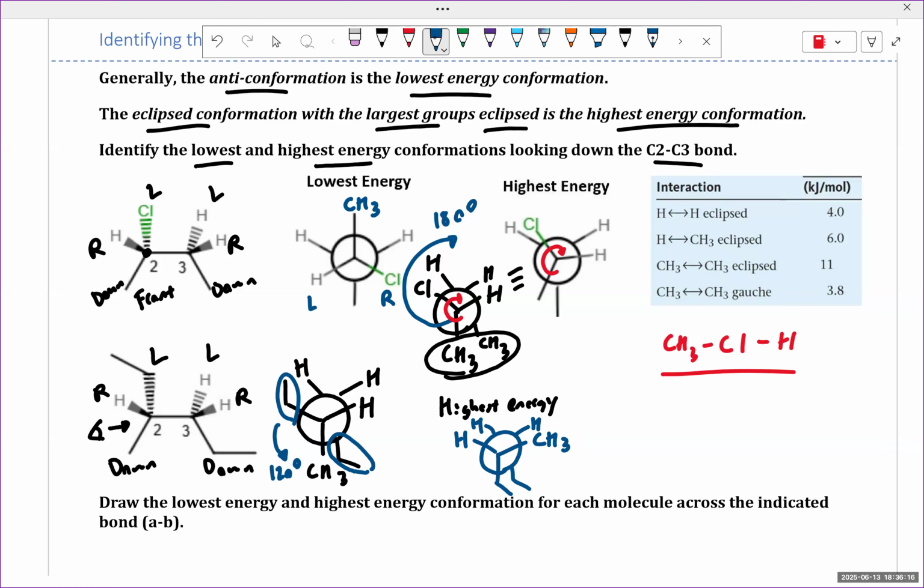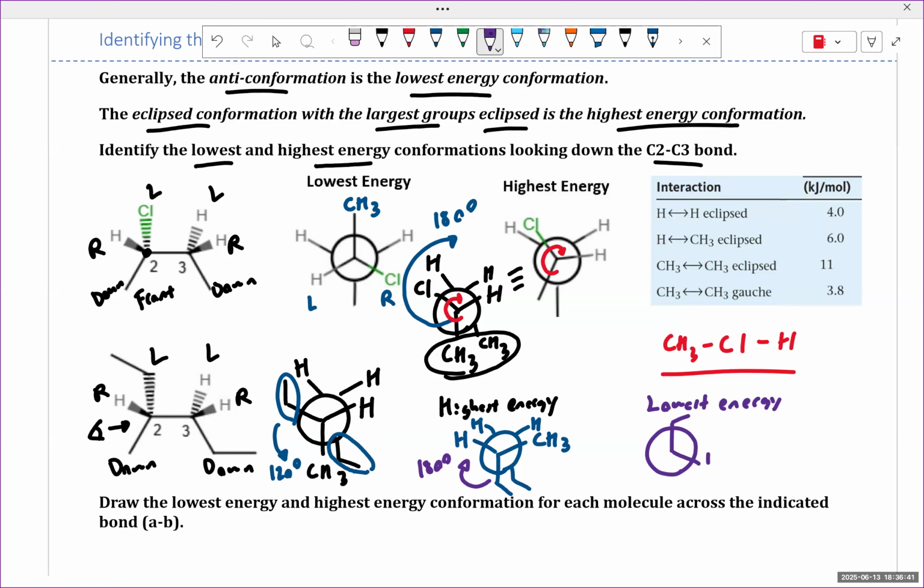By the same token, if I wanted to get the lowest energy conformation, all I would have to do is rotate this carbon-carbon bond 180 degrees so that the 2 ethyl groups are anti to one another. So in this case, the ethyl group is drawn up top.